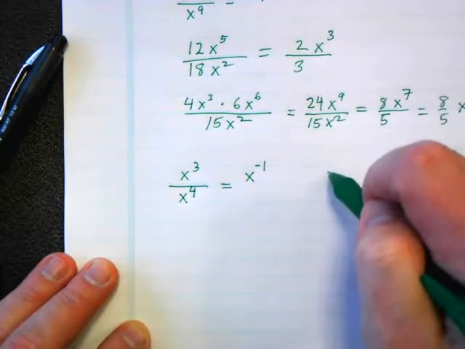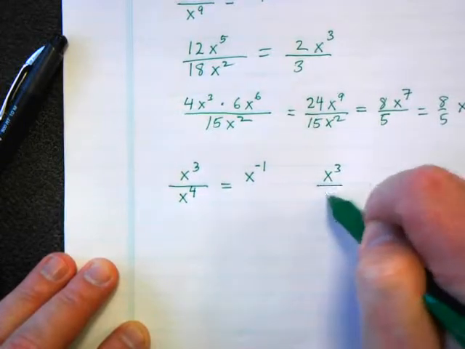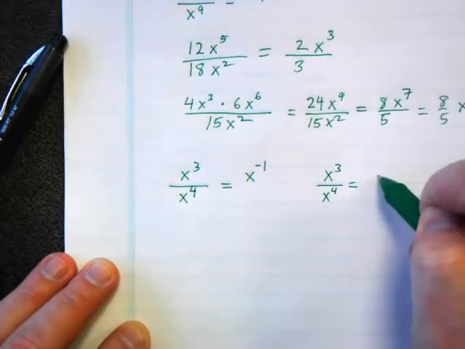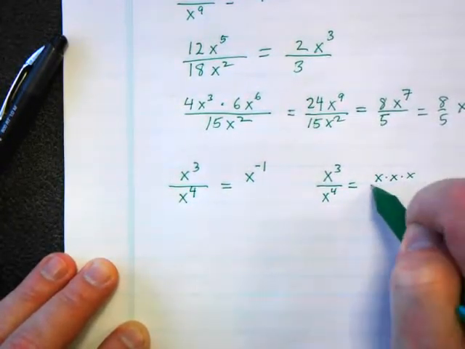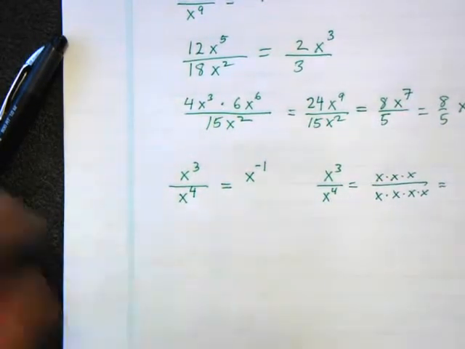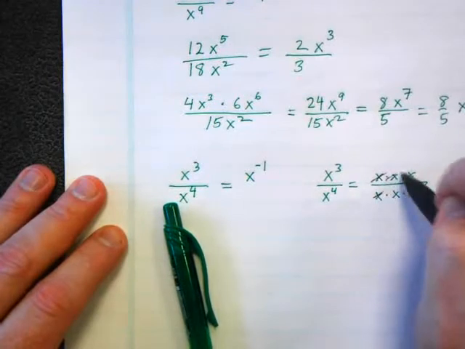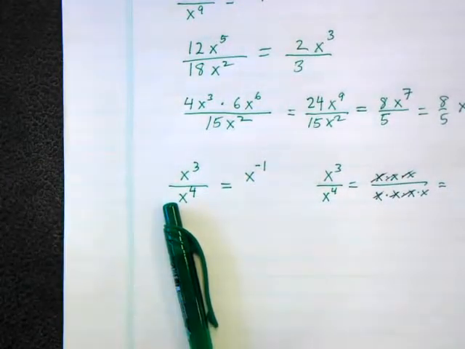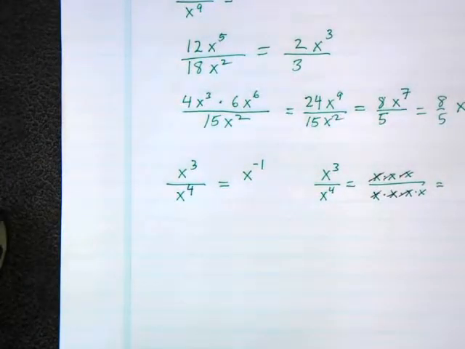On the other hand, x cubed over x to the 4th, we would have 3 x's divided by 4 x's. We would cancel out a bunch of x's. What do you have left over? You have an x left over, but where is that x? It's on the bottom.